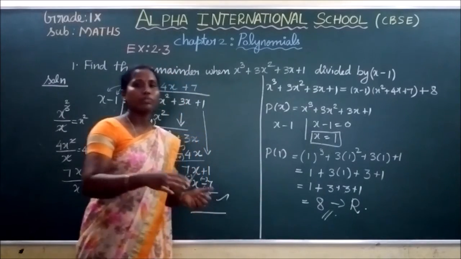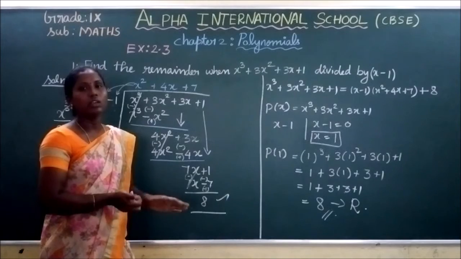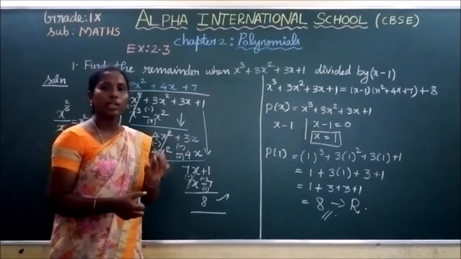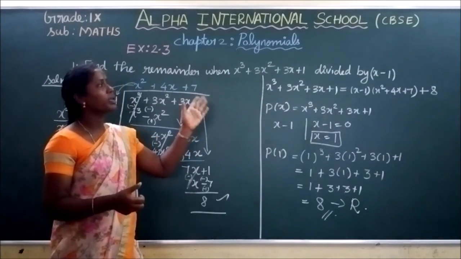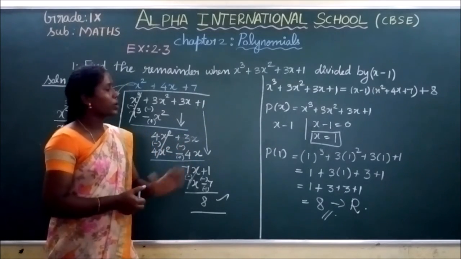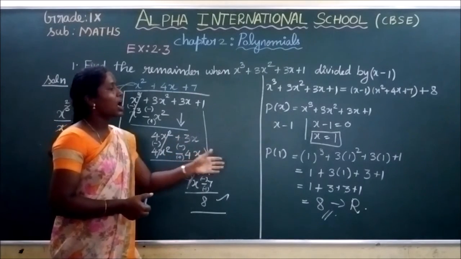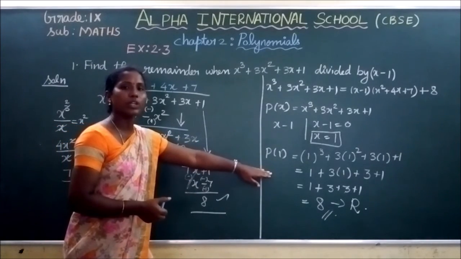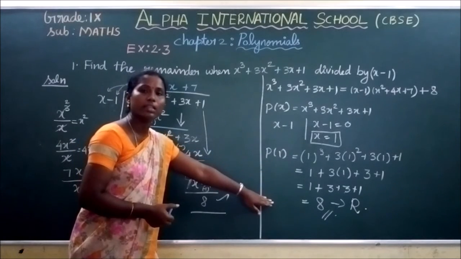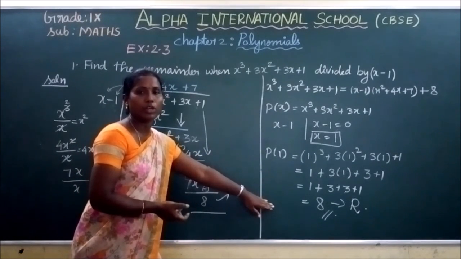So if a question asks to use long division, you have to use long division only. If the question is based on finding only the remainder, you can use both of these methods. Either you can use the long division method or you can substitute the 0 of the linear polynomial and simply get the remainder of the polynomial when divided by a linear polynomial.